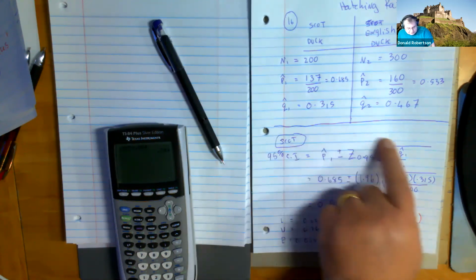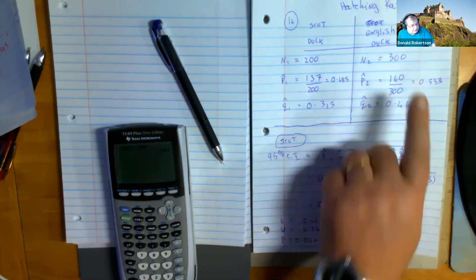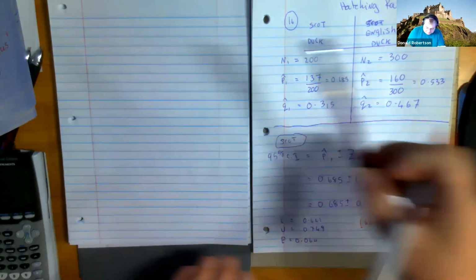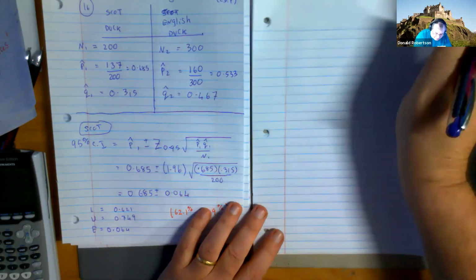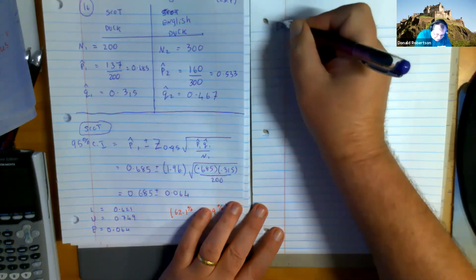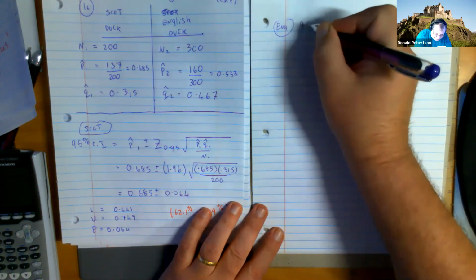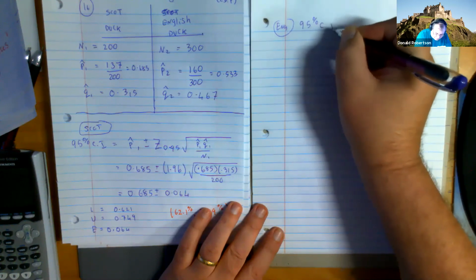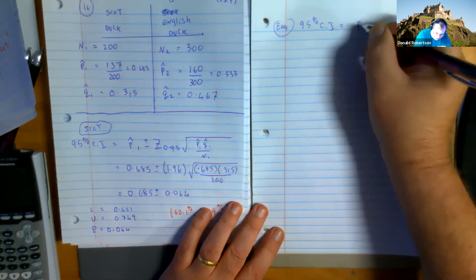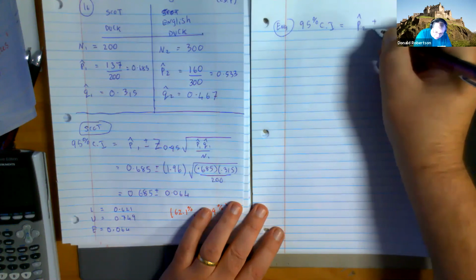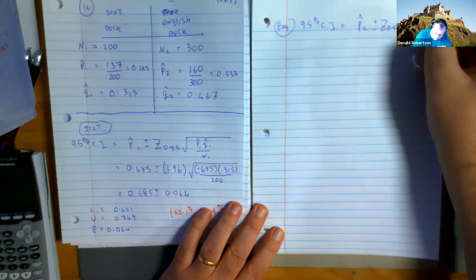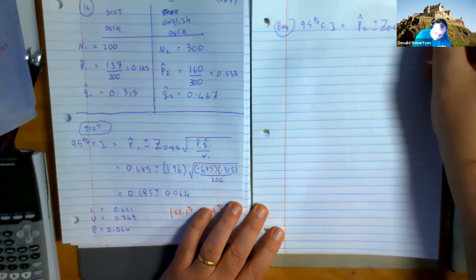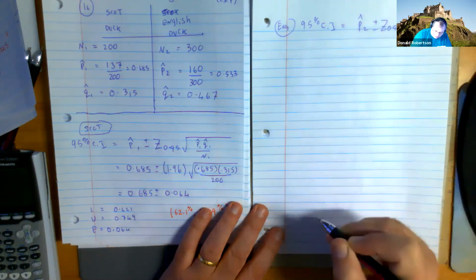Now we're going to go through that same process with the English ducks. So I'll just move this over here. Let's see what the English looks like. Well, a 95% confidence interval is going to be p hat, same magic score, a pq thing over at the end.